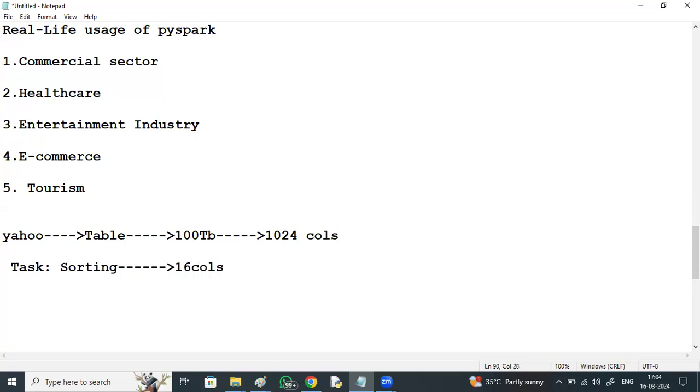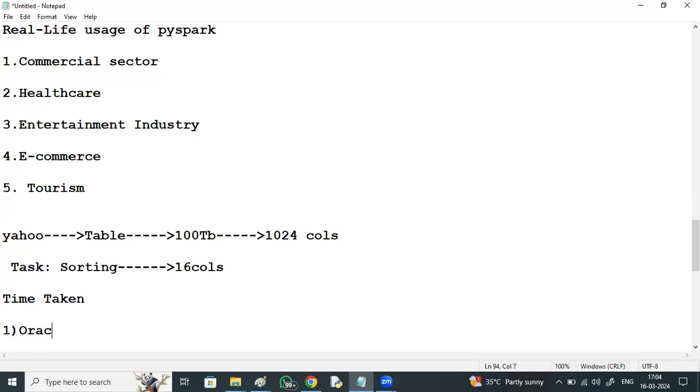Time taken by different databases for performing this operation, sorting based on 16 columns of this 100 TB of data.